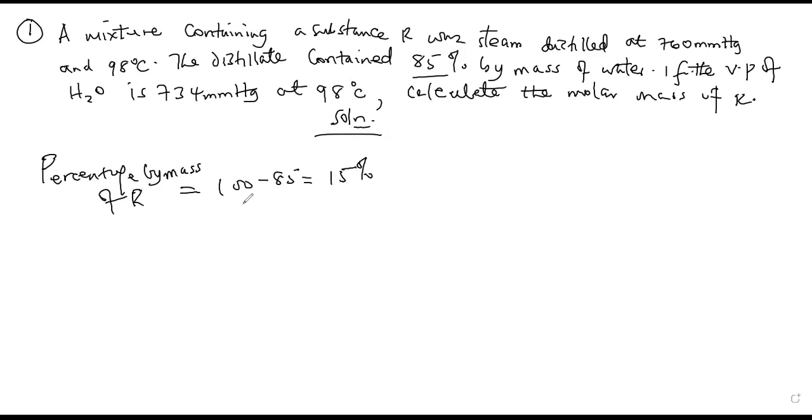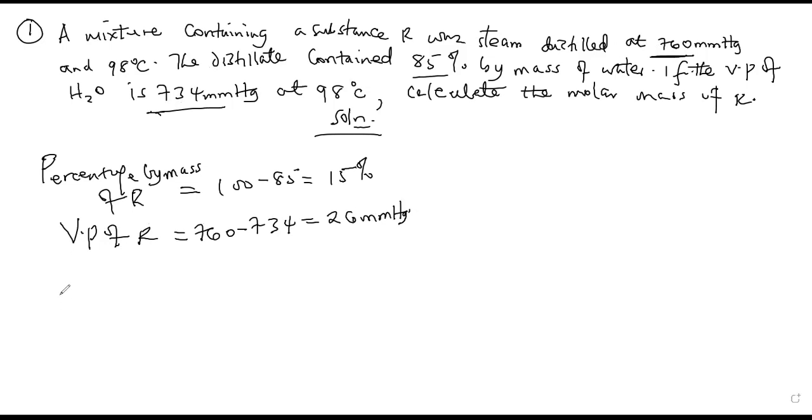Now, we have the vapor pressure of water and the mixture was steam distilled at 760. So 760 is the total, meaning that I can get the vapor pressure of R. It will be 760 minus 734, which is 26 millimeters of mercury.